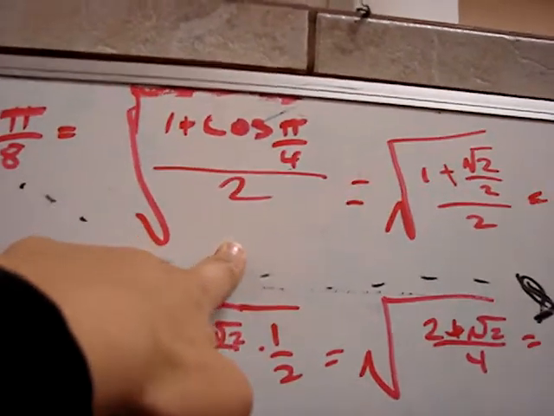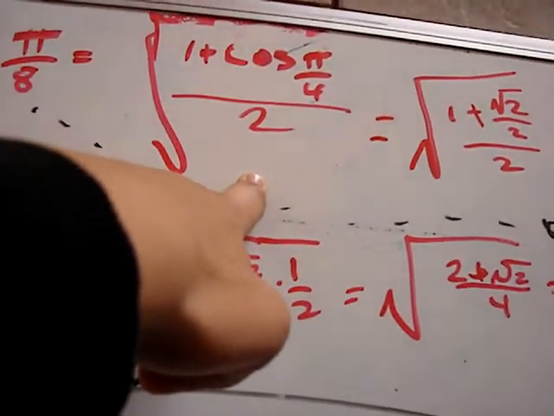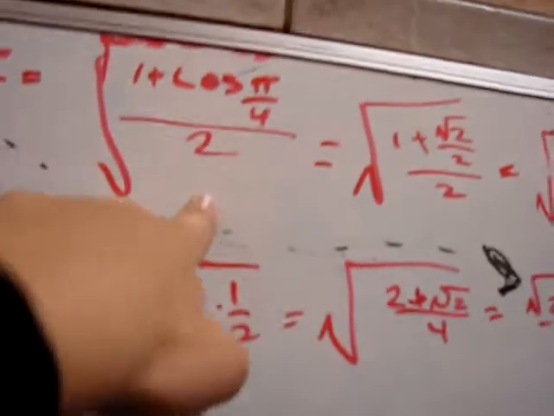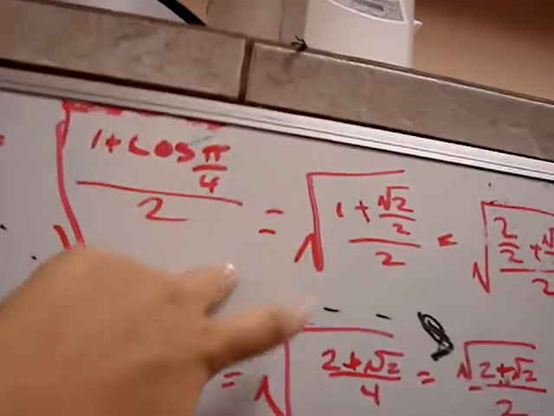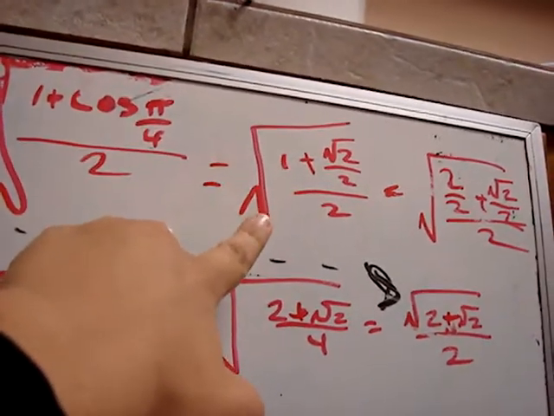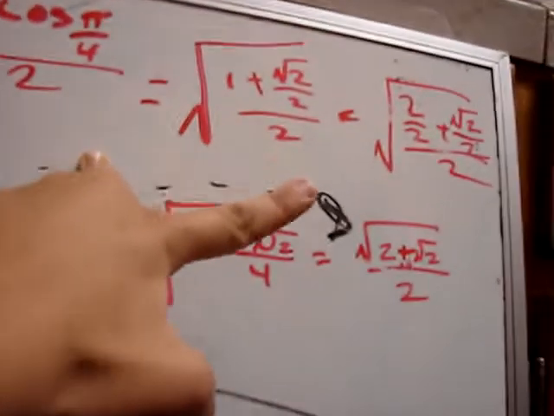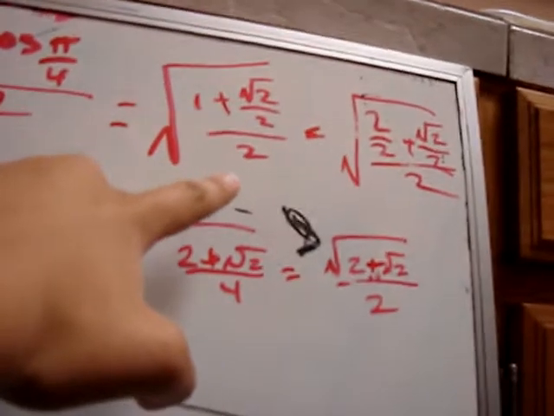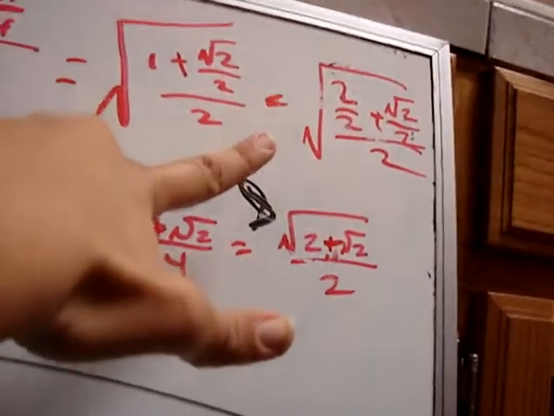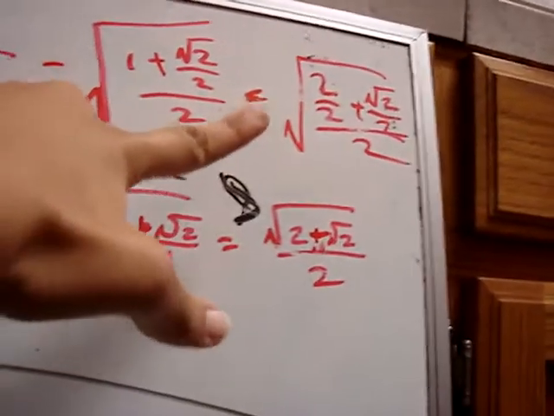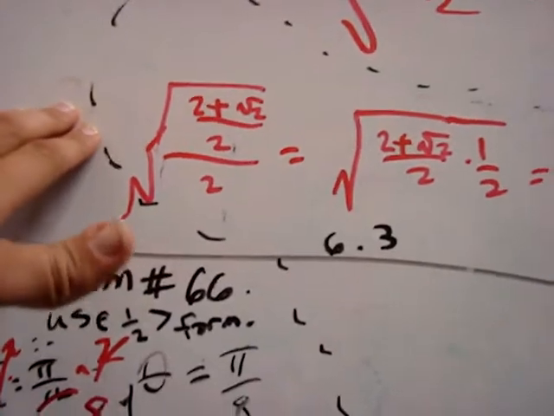So then the square root of 1 plus cosine of pi 4ths over 2. And then you just use the value of cosine pi 4ths, which is square root of 2 over 2. And then you get proper denominators, and then you add them here. And it's all under that big square root sign.